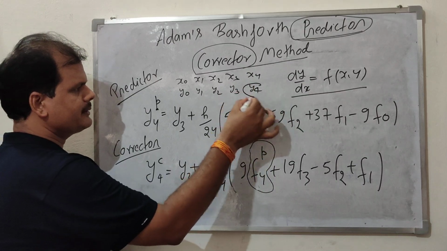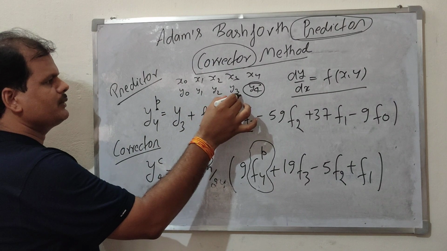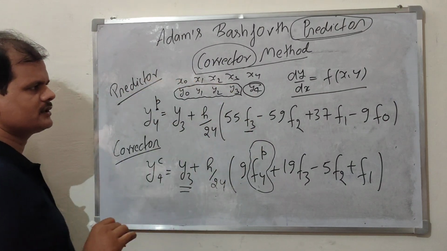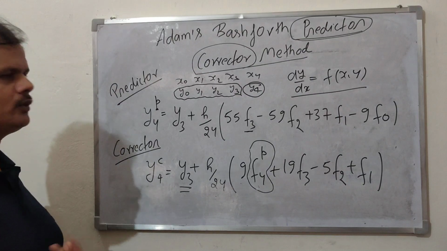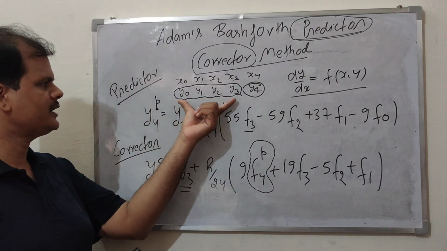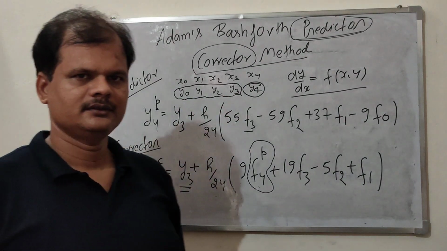This method gives the solution y4 at x equal to x4. So what about these values? Either they will be given in the problem, y0, y1, y2, y3, or if they are not given, we can find them using the Euler method.